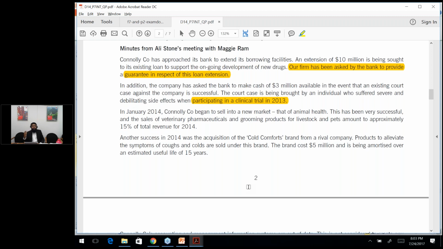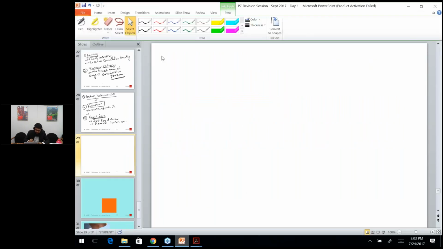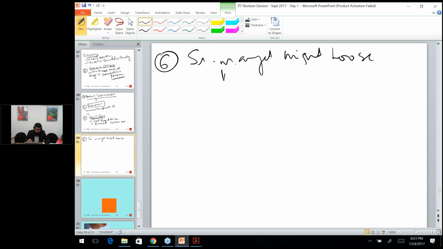At the same time, we neglect our existing clientele. The result is that the overall business goes down. So another business risk is that the senior management might lose focus.